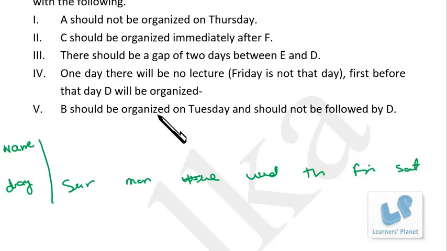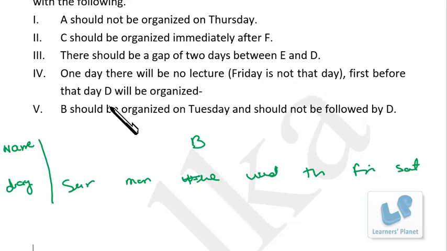We know that B should be organized on Tuesday and it should not be immediately followed by D. So D cannot be over here. Then there should be a gap of 2 days between E and D. One day there is no lecture. Friday is not that day.